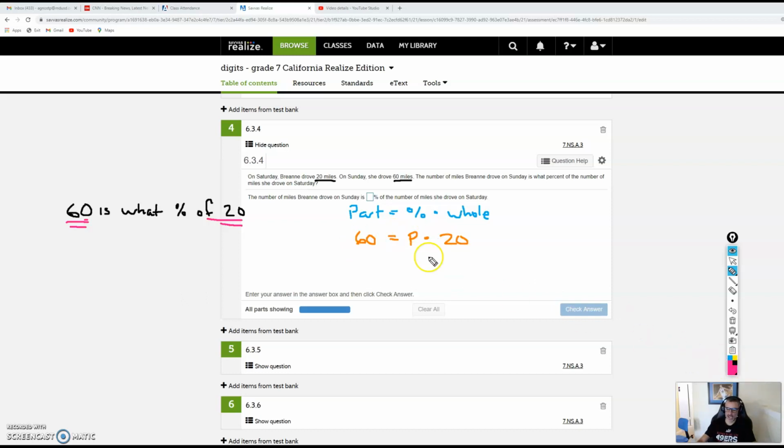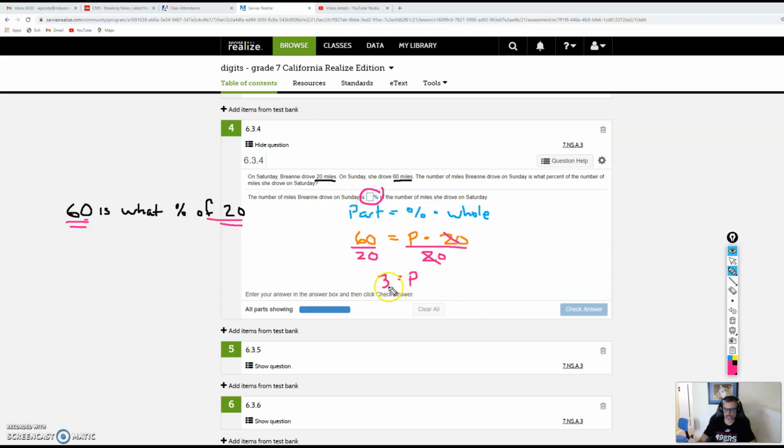So if I just divide both sides by 20, the opposite of multiplying by 20 is dividing. So I'm going to divide the right-hand side by 20 and the left-hand side by 20. Well, 20 divided by 20, those cancel. And I'm left with just P is equal to 60 divided by 20 is 3. Now, be careful here, right? We have an answer, but it's not the answer. It says the number of miles that Brianne drove on Sunday is blank percent.